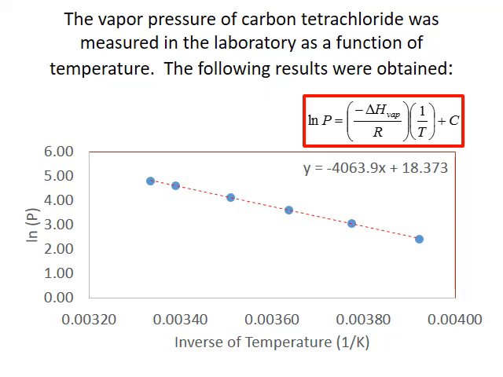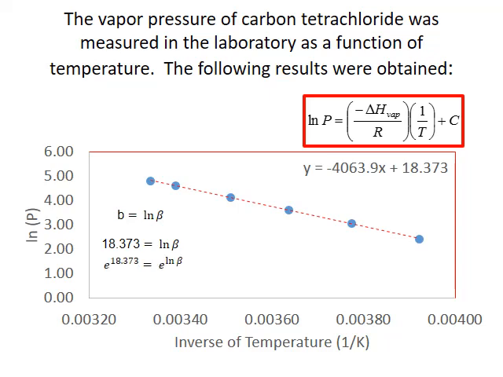We can also use this linear regression to calculate the constant beta for the liquid. Remember that the y-intercept is equal to the natural log of beta. We can set this equal to 18.373, the y-intercept from our linear regression equation. To eliminate the natural log in this equation, we simply raise both sides to the base e.